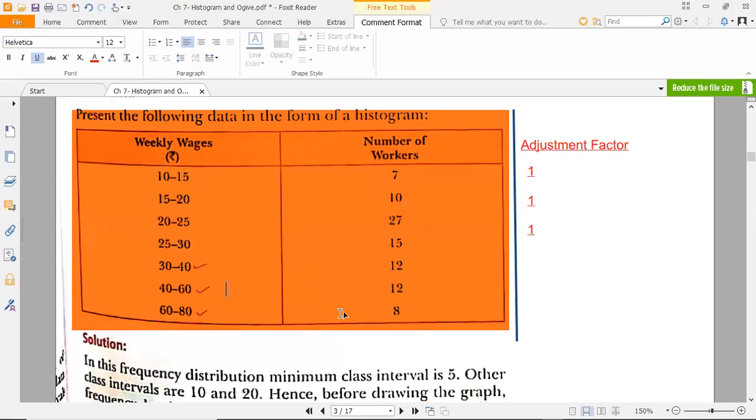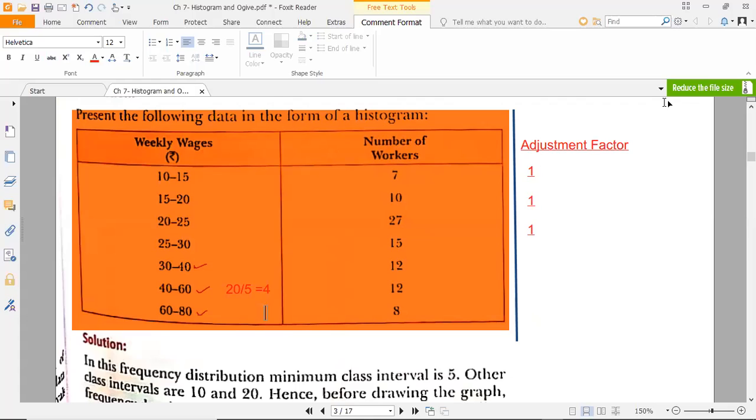The gap between 40 to 60 is 20, and the lowest class interval is 5. So 20 divided by 5, that turns out to be 4. So this is actually the adjustment factor.